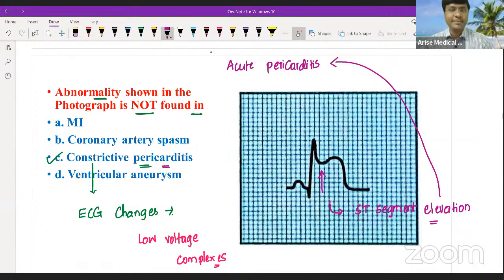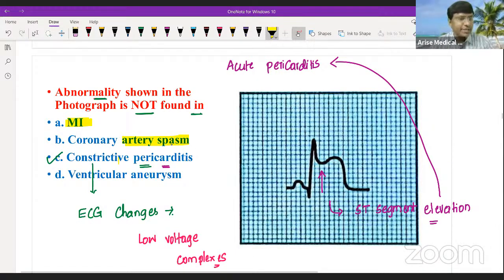Always remember one important point: ST segment elevation in the ECG doesn't mean only MI. In MI, you will have ST segment elevation. With coronary artery vasospasm, you will have ST segment elevation.